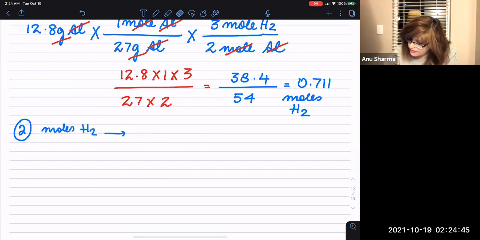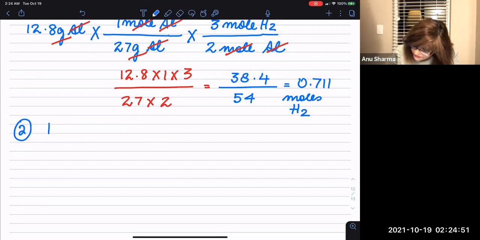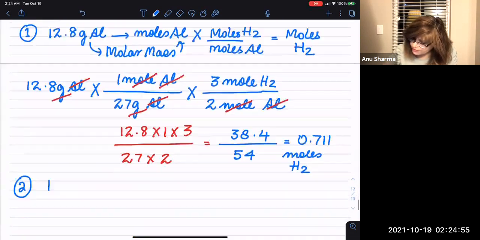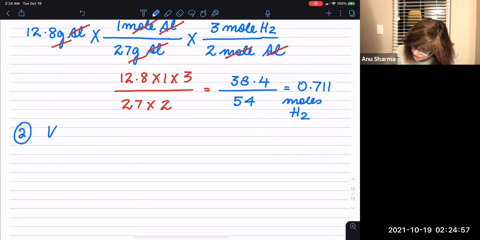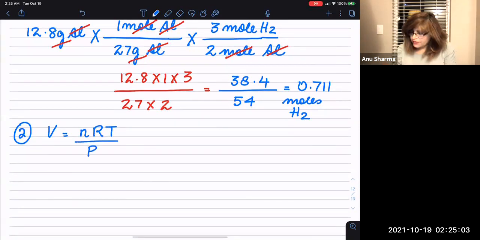So here is your PV equal to nRT, and we need to find the volume. Volume is equal to nRT over P. Okay, now n is equal to 0.711 moles.